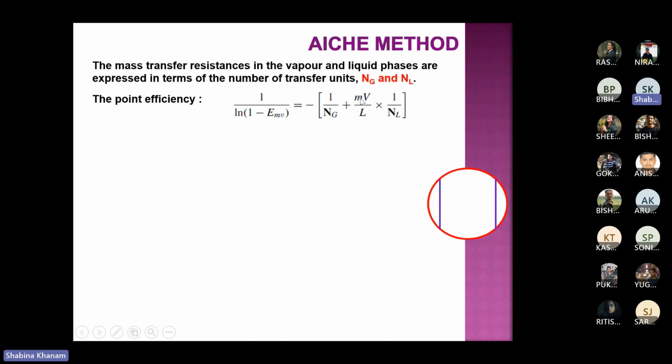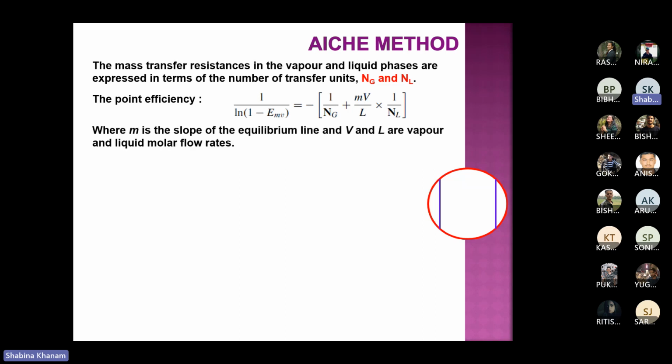m is the equilibrium slope at a particular point, because this is a point efficiency. V and L are the flow rates of vapor as well as liquid. The slope of the equilibrium line keeps changing with concentration, which you can see in the respective graphs like the Michelson graph.